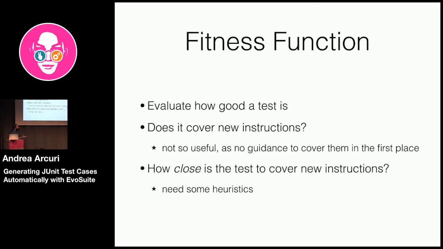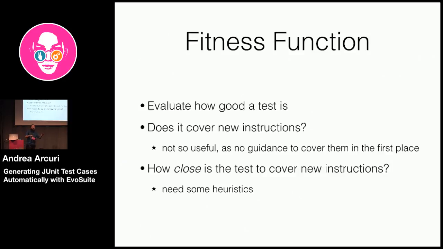Once you do that, it's still not enough. Even if you have a way to explore this huge search landscape, you still need a way to identify if what you look at is good or not. And that is what is usually called the fitness function. It's a function that tells you your solution is good or your solution is bad. So the idea is that when you're exploring, you will see some test cases that are bad, you forget about them.